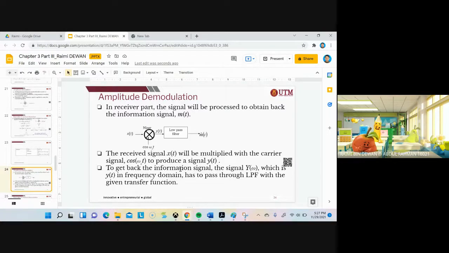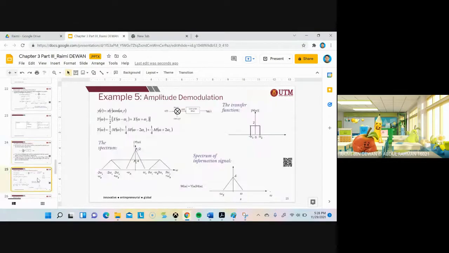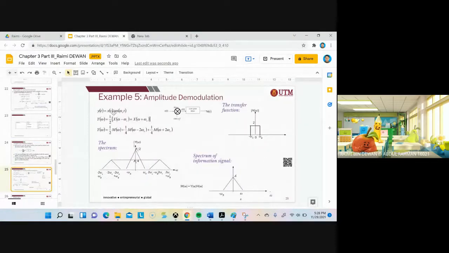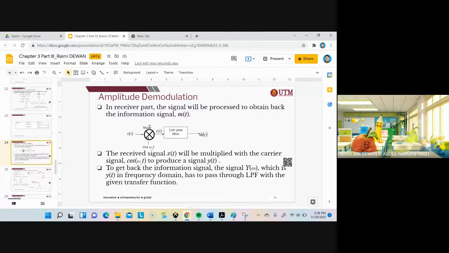To get back the information signal, the signal y omega, which is yt in frequency domain, has to pass through a low pass filter with a given transfer function. The transfer function is h, your filter function. So this signal xt is multiplied by cos omega t, which results from mixing the information signal with the carrier.